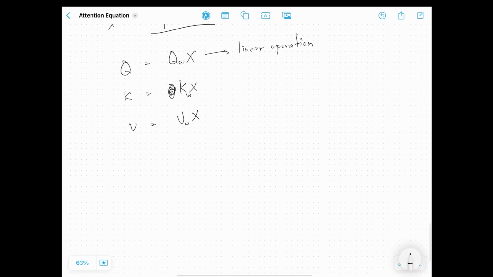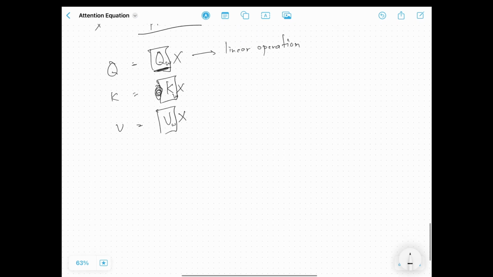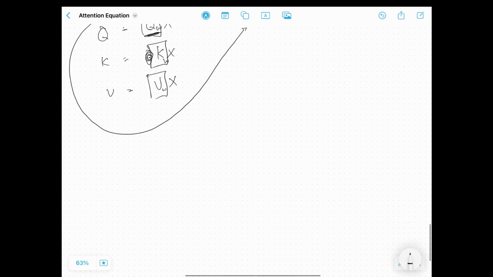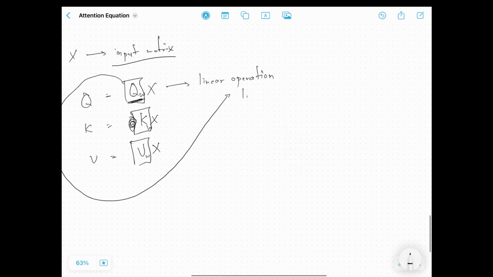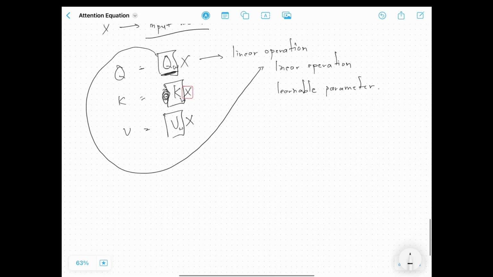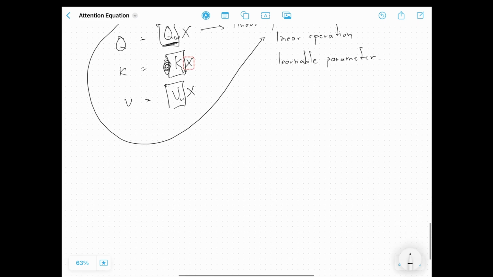Inside this we have these matrices as learnable, which will be randomly initialized at first. So that would be our first thing to do: a linear operation and learnable parameters.